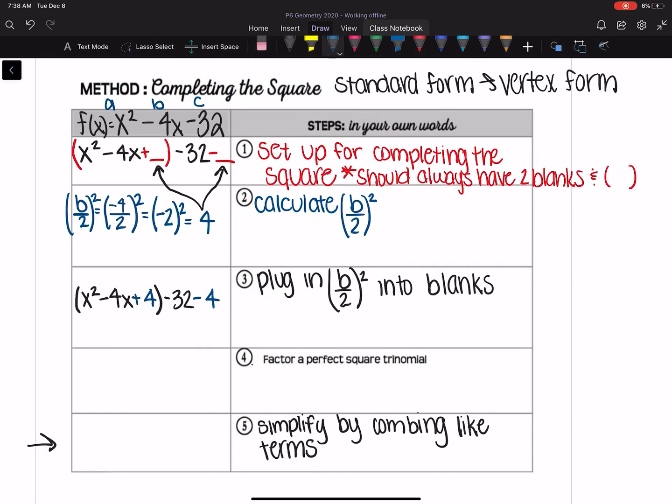So I've added a 4 into my trinomial that I have in parentheses, and I'm going to subtract that same value.